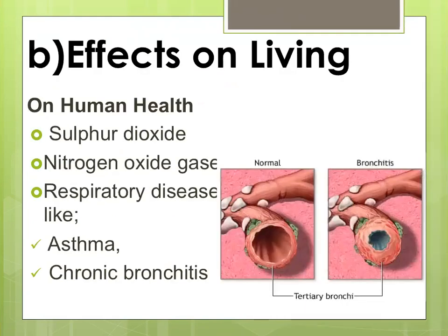Now comes category B, which is the effect on the living things, including all the human health. The most severe effects can be seen in the form of sulfur dioxide and nitrogen oxide gases, and many respiratory diseases in human beings like asthma and chronic bronchitis.